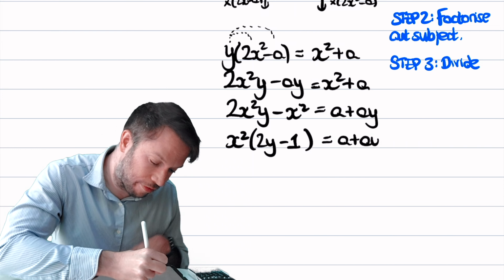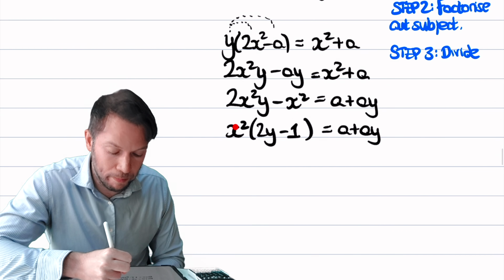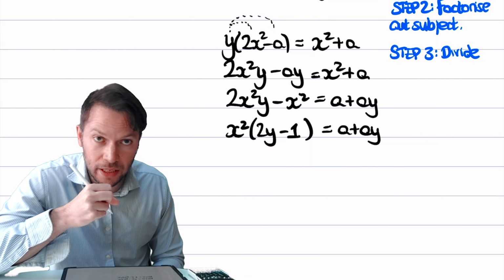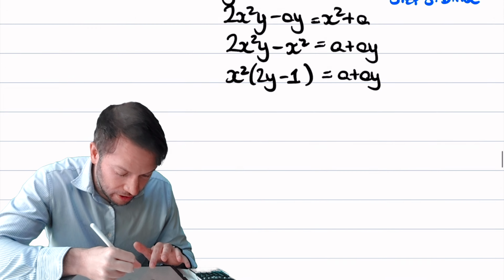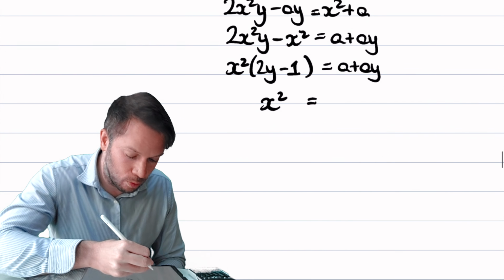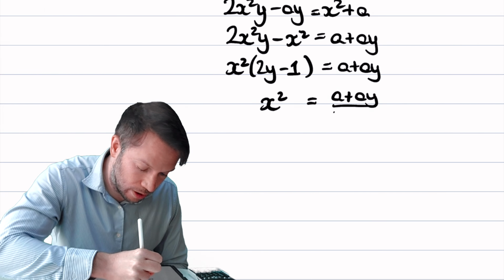And then step 3 is to divide appropriately. Now this x squared has been multiplied by all of 2y minus 1. So to get rid of the times by 2y minus 1, we divide both sides by 2y minus 1. So on the left-hand side, we then just have x squared. And if we divide by 2y minus 1 on the right, you get a plus ay over 2y minus 1.